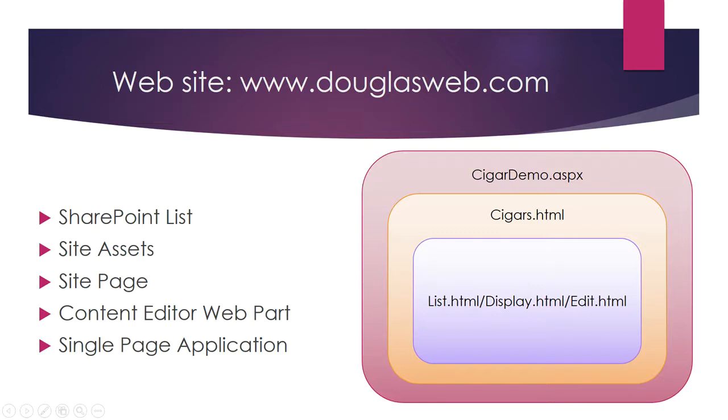Then inside of that is a div tag that indicates the AngularJS application, a single page application, and the routing software will then display list, display, or edit inside of Cigars. So as you can see, we have 3 different levels where we can display our HTML, each inside of the other.